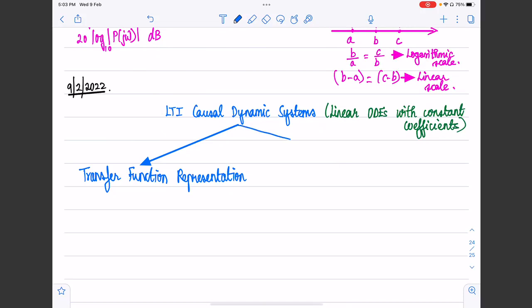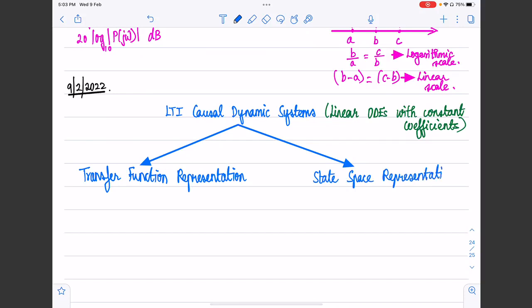An alternative representation is what is called the state space representation. In the transfer function representation, we went from the time domain, which corresponds to a field of real numbers, to the complex domain, or the so-called S domain. But in the representation that we are going to study today, the state space representation, we are going to analyze the system response by staying in the time domain.